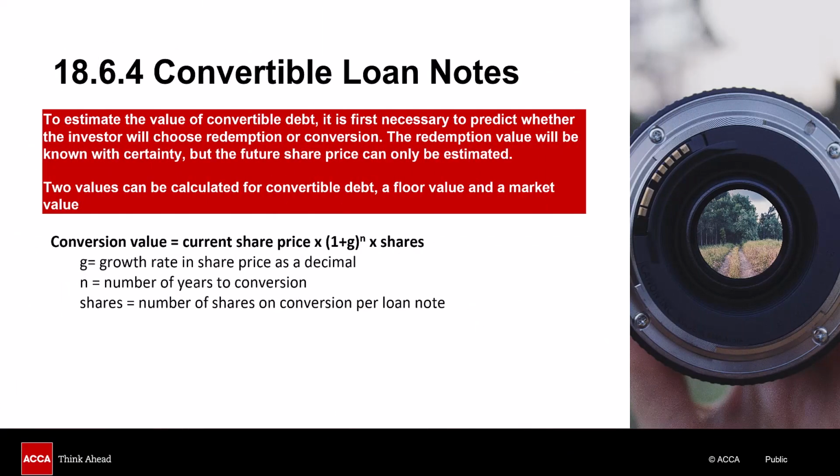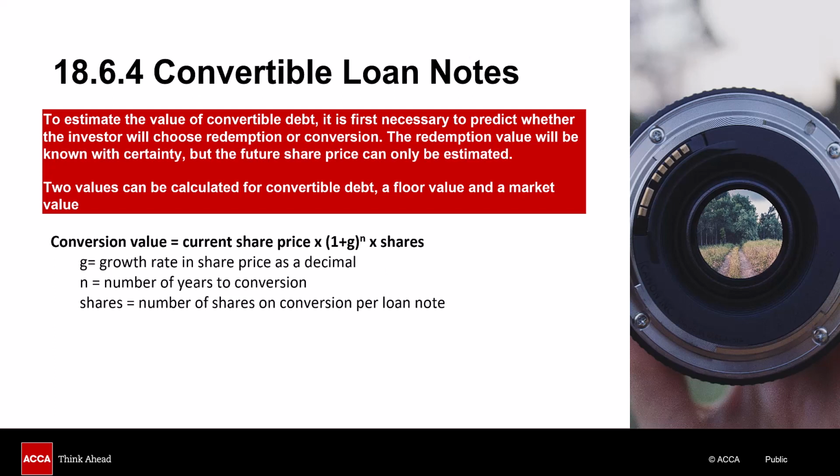The final debt instrument that we come to are convertible loan notes, and this is section 6.4. To estimate the value of convertible debt, it's first necessary to predict whether the investor will choose redemption value or conversion. Redemption value will be known with certainty, of course, because that's the cash value. But the future share price can only be estimated.